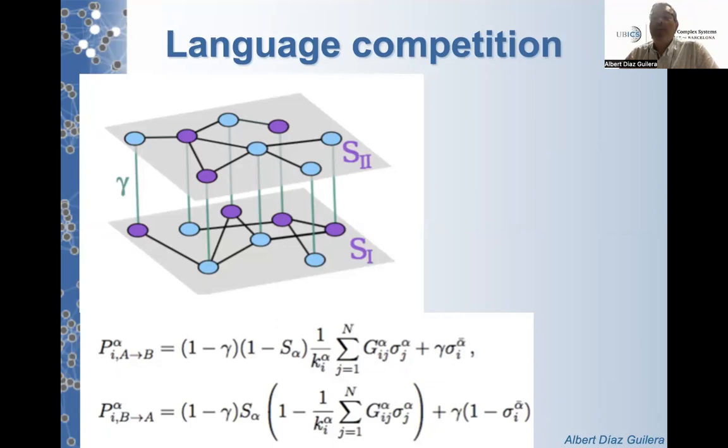Then in the other layer, you are the same user, so you have a one-to-one connection to the other layer, but you have a different set of connections. This can represent a family in one layer, and the other can represent professional interactions. And then you can decide to use a different language in one type of interaction and the other.